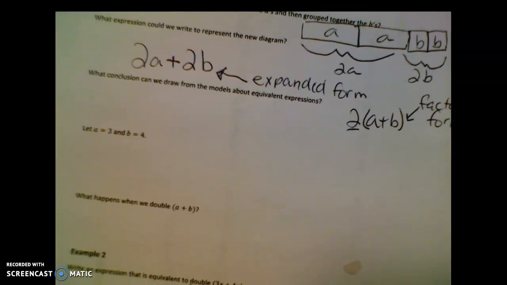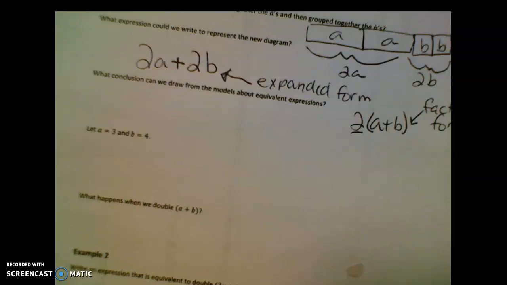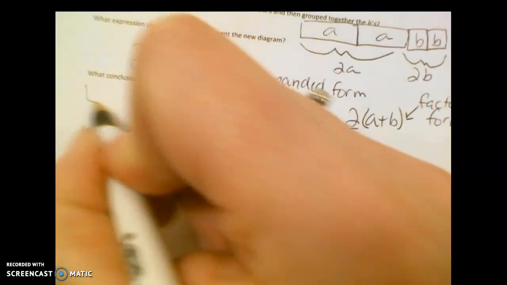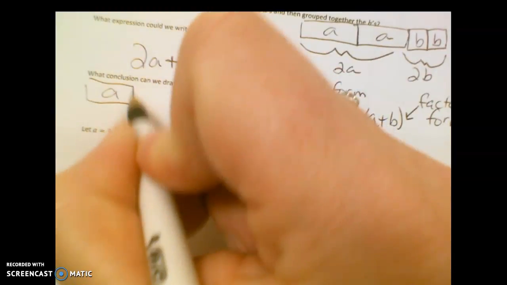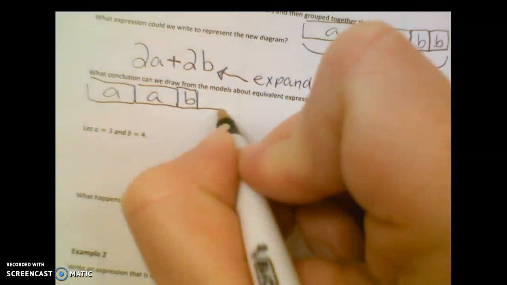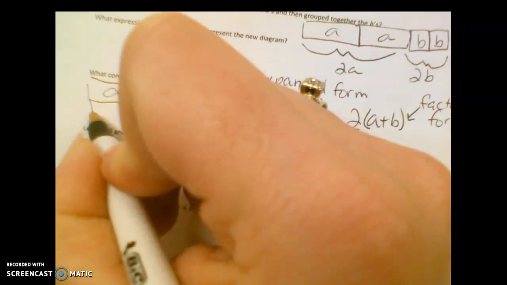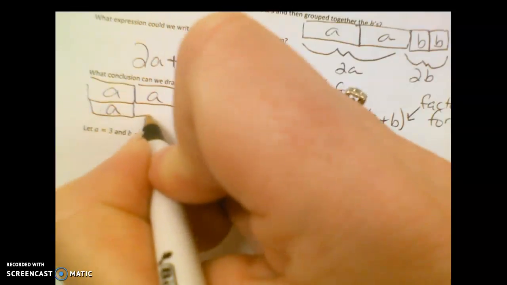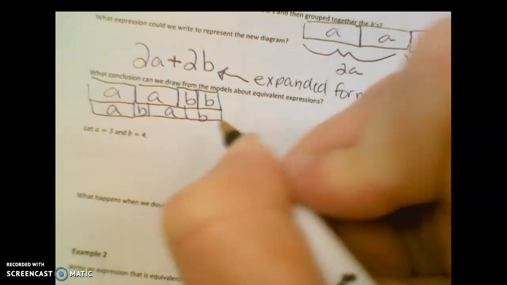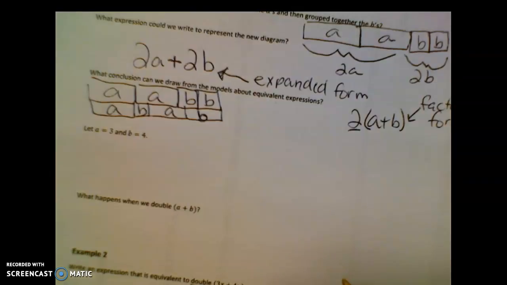So what conclusion can we draw from the models about the equivalent expressions? We can decide if we have a, b, b, and then we have a, b, a. Sorry, my drawing doesn't really set up exactly right. But what we see is that they're the exact same.